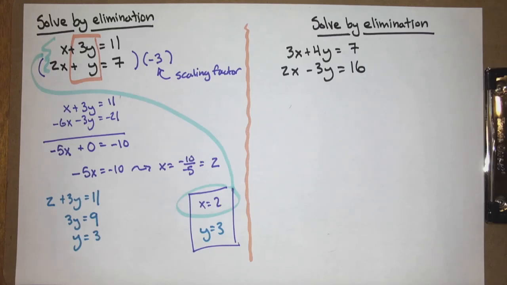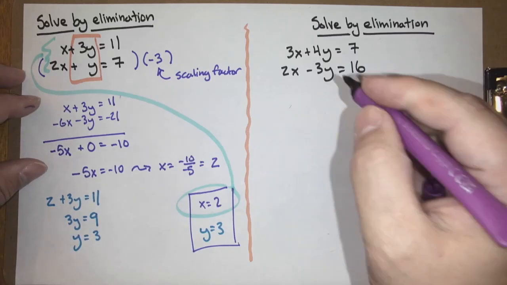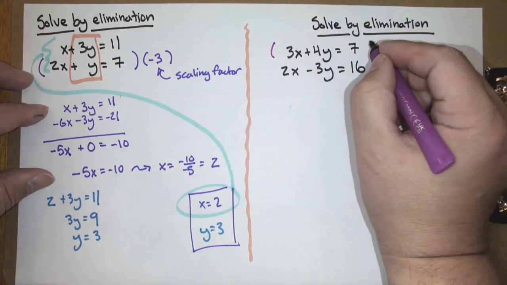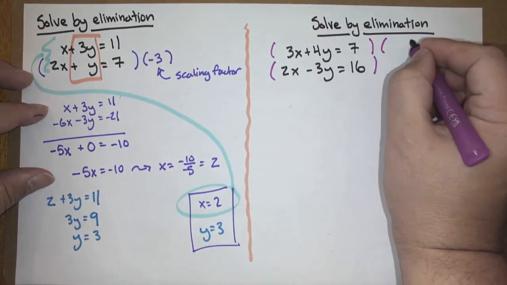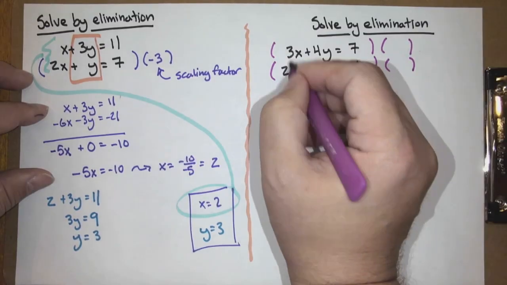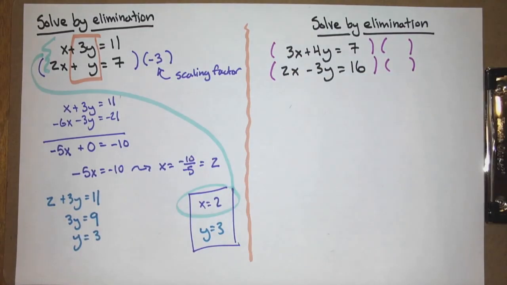Now, we look at this and right now, they don't look very compatible in terms of knocking out. So we say, okay, we want to scale. Currently we have a 3 and a 2 in front of the x's. What's a common target to shoot for?